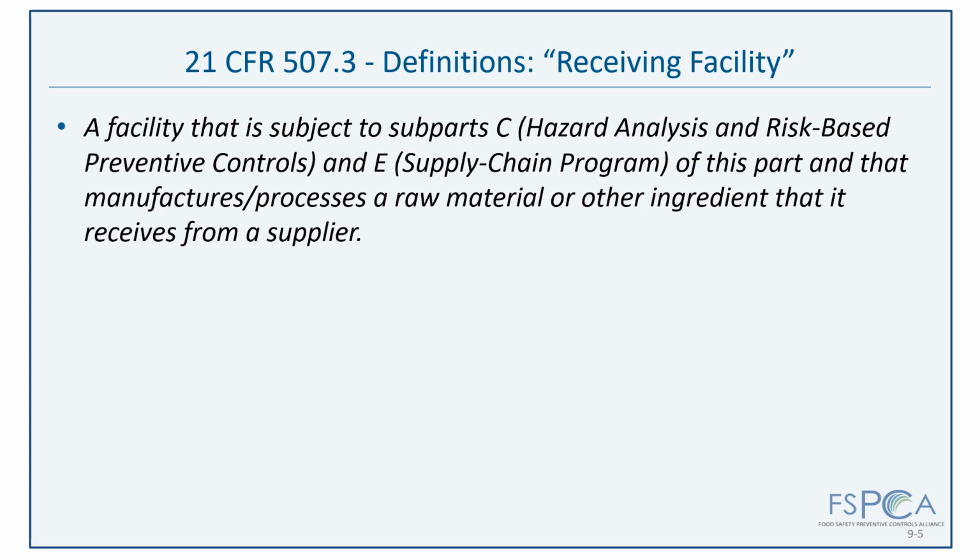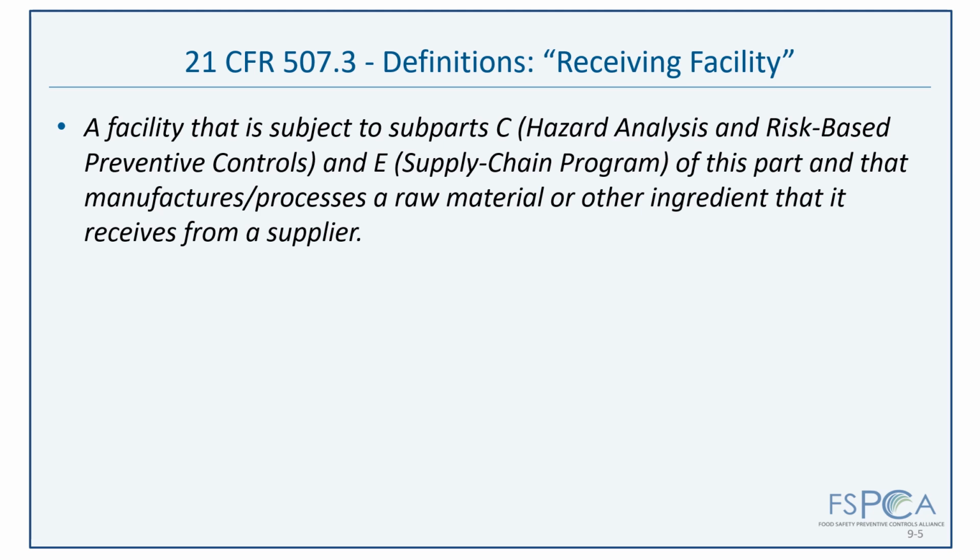This is the facility that is subject to subpart C. Remember in chapter 1, we went over some of the exemptions, and not every facility is subject to subpart C. So this is a facility that is subject to subpart C and will have to do a food safety plan. And usually if you're subject to subpart C, you're also subject to subpart E because it's a preventive control.